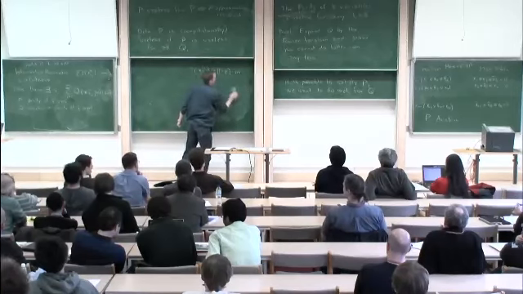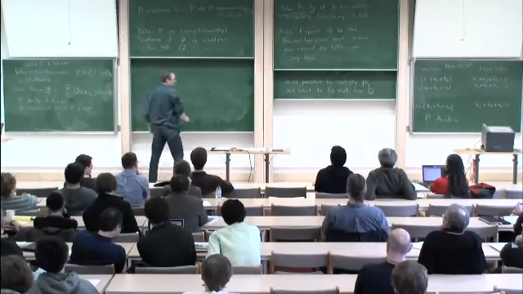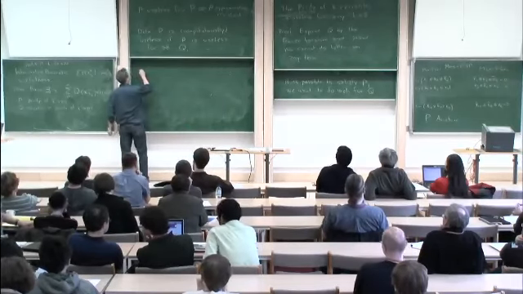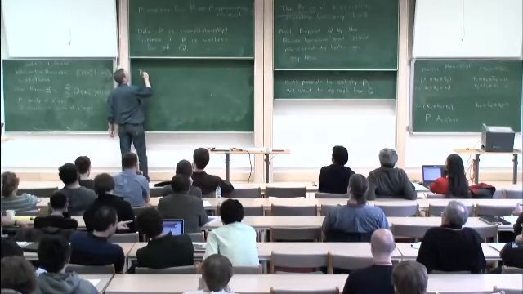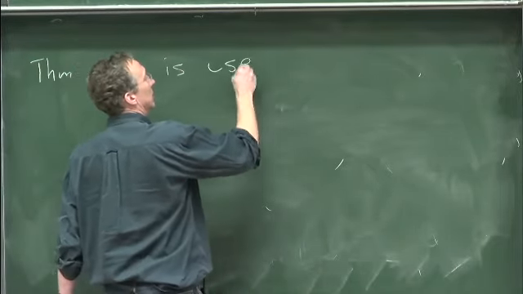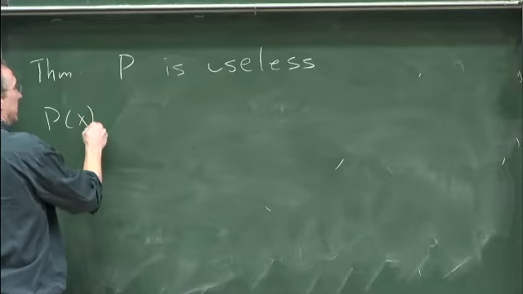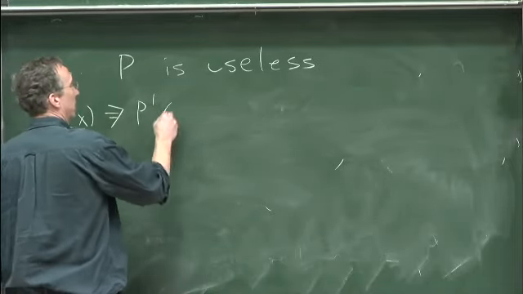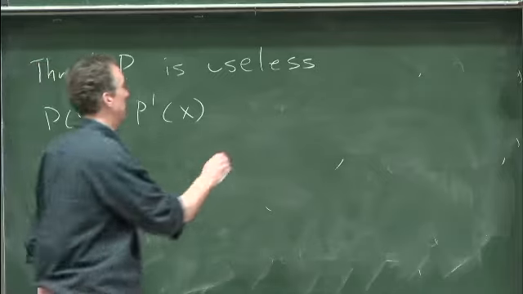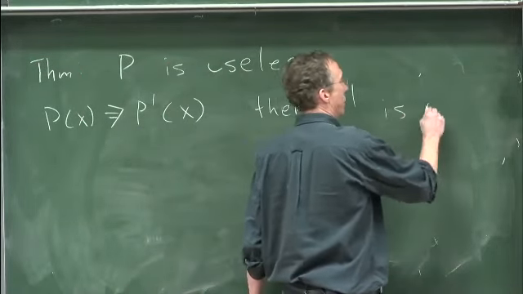What did you just say about a predicate implied by parity? I'll say this a little bit more carefully. Another trivial theorem: if P is useless, and P of X implies P prime of X, so we have a bigger predicate that accepts more things, then P prime is useless.